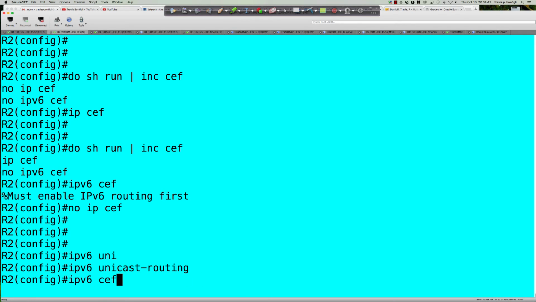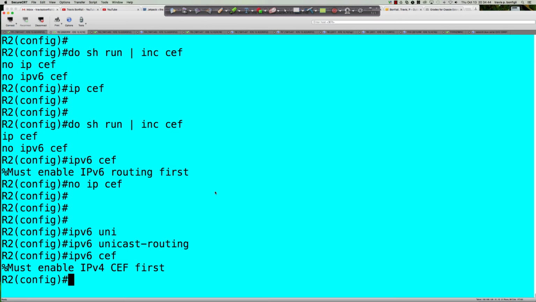So let's pull that back and say IPv6 CEF. Now what is the requirement? Exactly, we have to have CEF for IPv4 enabled. Without CEF for IPv4 enabled, it's not going to allow me to enable CEF for IPv6.